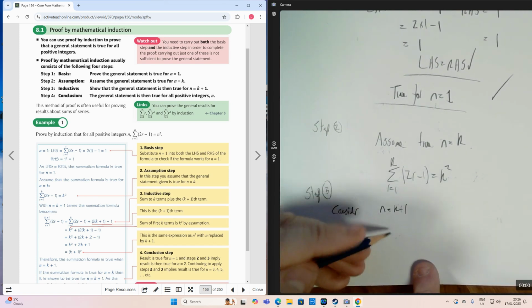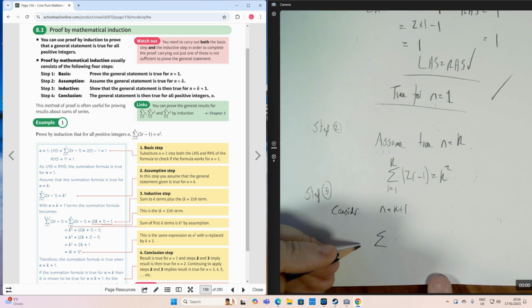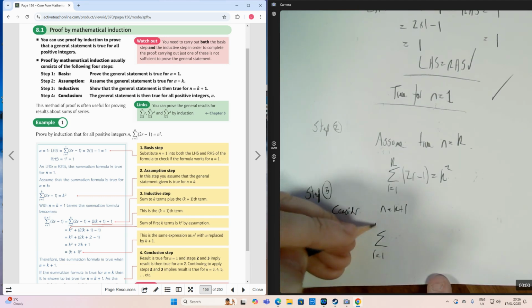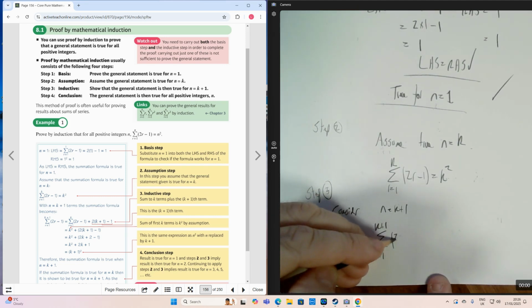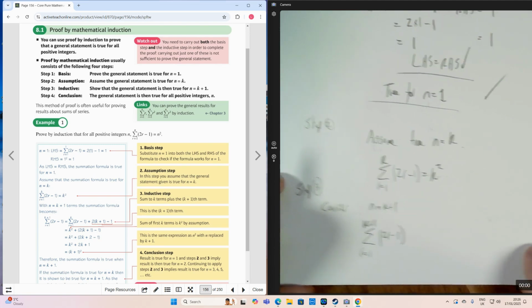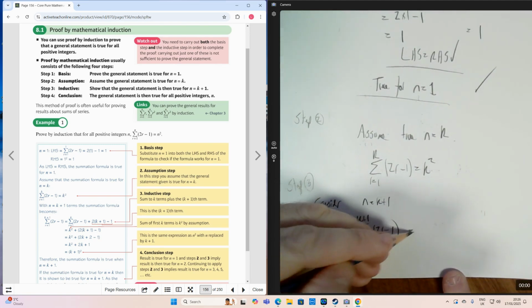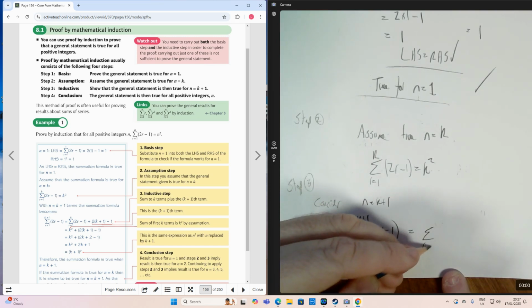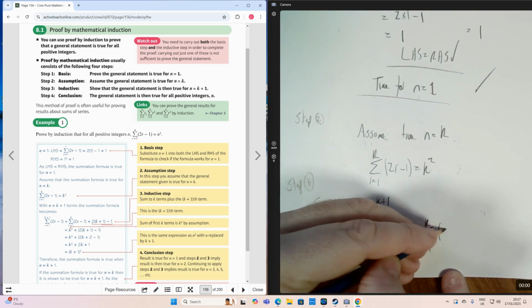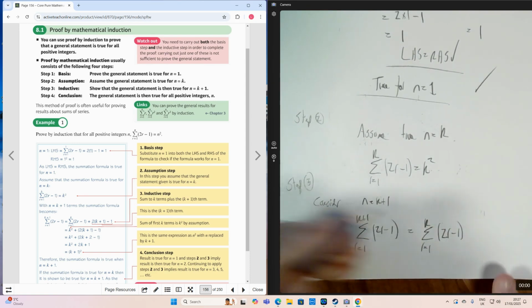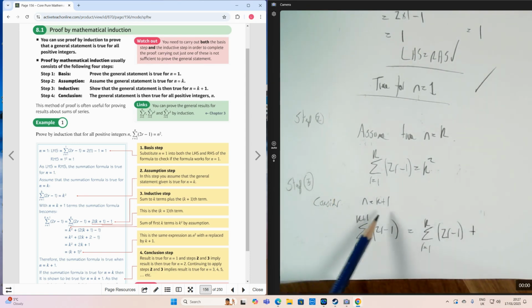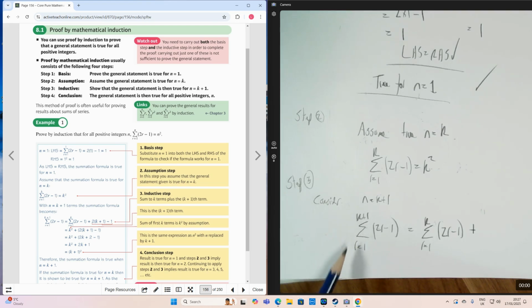Okay, so let's write this out. We're trying to find out the summation from r equals 1 to k plus 1 of 2r minus 1. Now, that is equal to the summation from r equals 1 to k of 2r minus 1 plus the k plus 1 term.